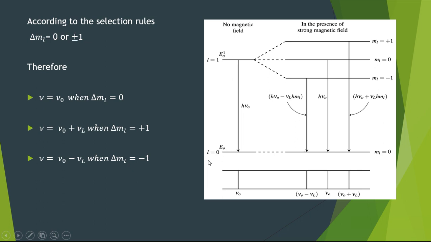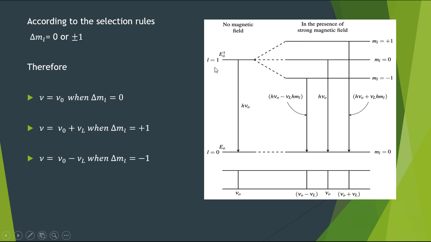The energy level E0 corresponds to L is equal to 0 and energy level E0 dash corresponds to L is equal to 1, and there is a single transition with energy h nu naught from L is equal to 1 to L is equal to 0 in the absence of magnetic field, which gives rise to a single spectral line with frequency nu naught. When a strong magnetic field is applied, the energy level E0 will remain the same because for L is equal to 0, ml is also equal to 0.